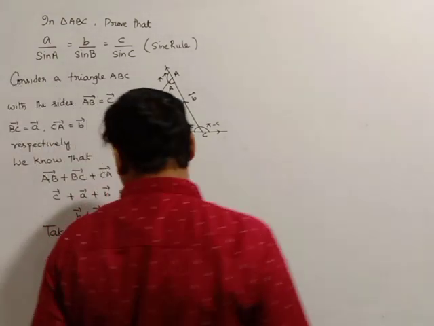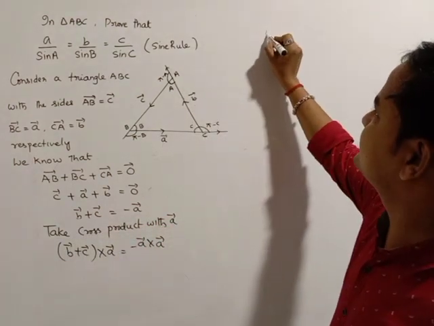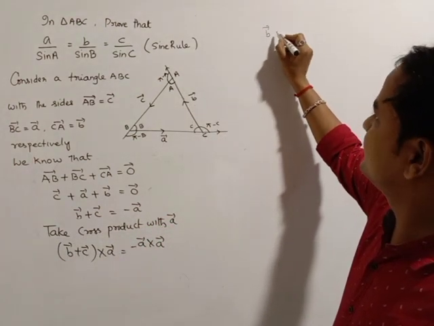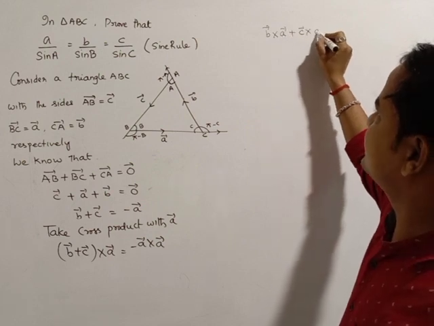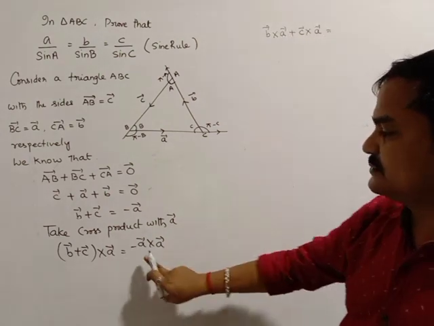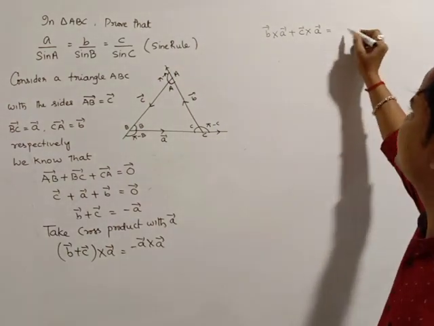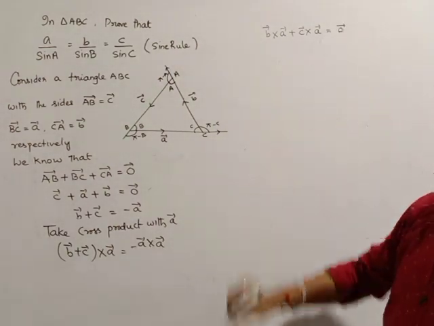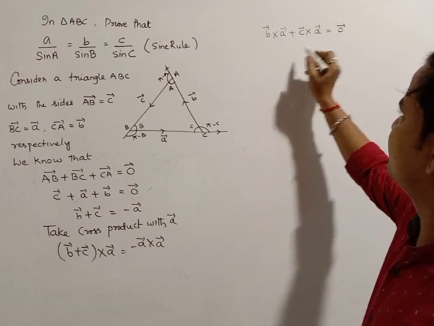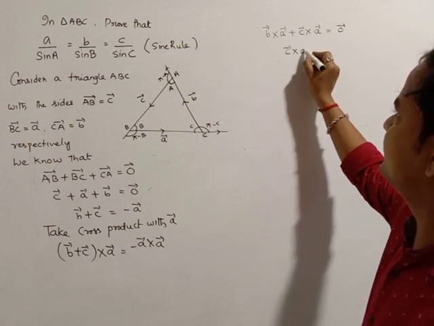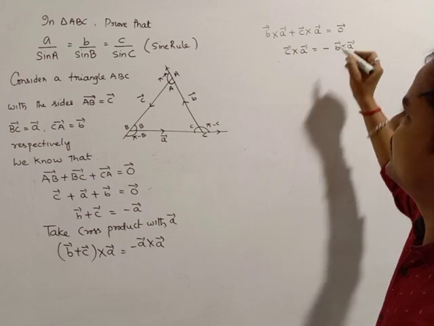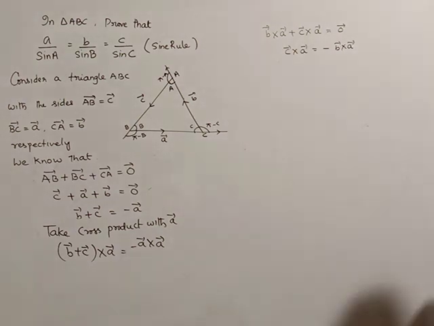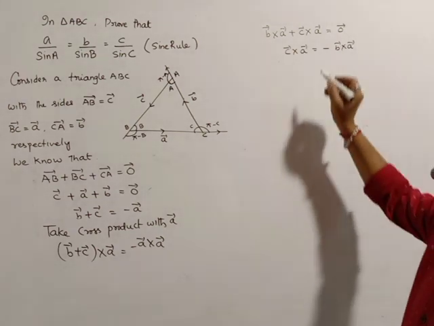That means b bar cross a bar plus c bar cross a bar is equal to the same vector cross product, which is the null vector, 0 bar. Taking one side, c bar cross a bar is equal to minus of b bar cross a bar.